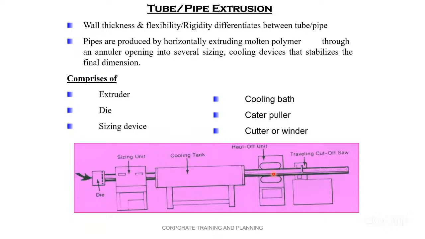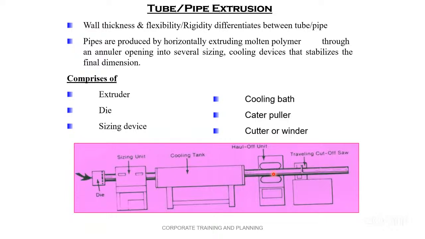Sir, I have one doubt. In our extrusion process, all the machines having a cooling tank, are they using only water for cooling, or any other liquids or chemicals? No, only water. Is there any reason, sir?